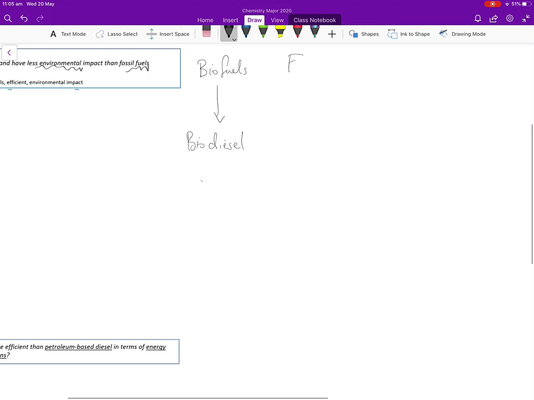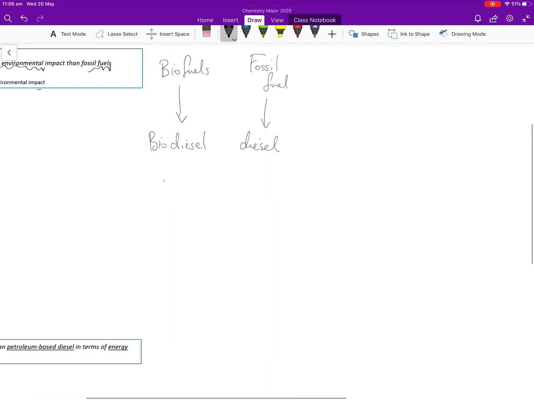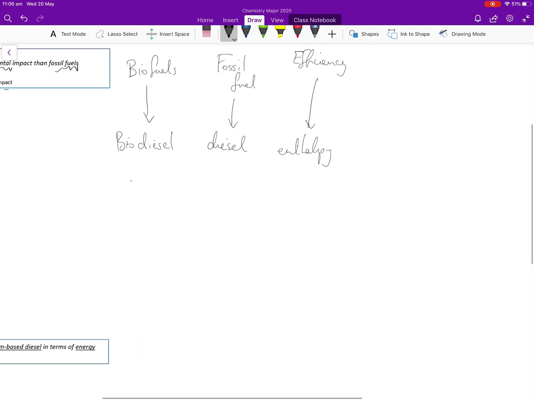How did I get from fossil fuel to diesel? How did I get from efficiency to enthalpy? And how did I get from environmental impact to CO2 emissions?